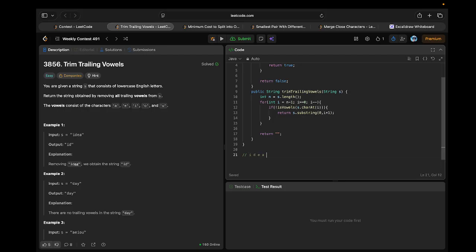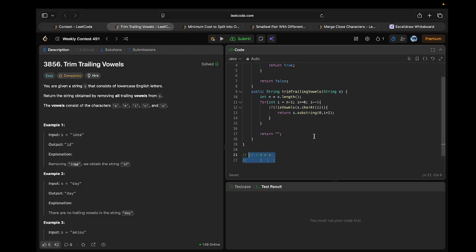You iterate from the left. You first came at a, then you came at e, and you see that both are vowels, so you don't stop there. Then you came at d, you see d is not a vowel, right? So you just break out from it, and you just have to return a string which is ending at this particular index, right? So this is what you have to do.